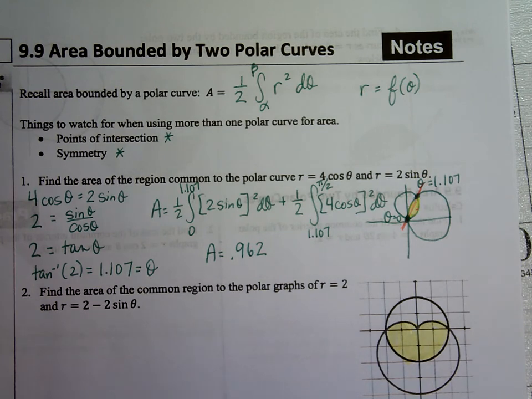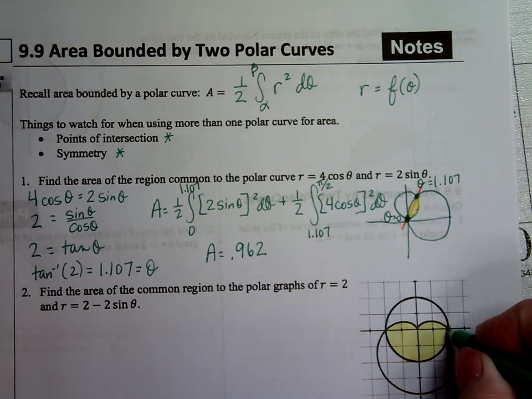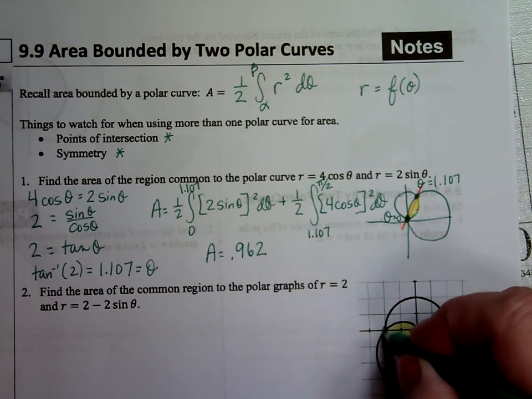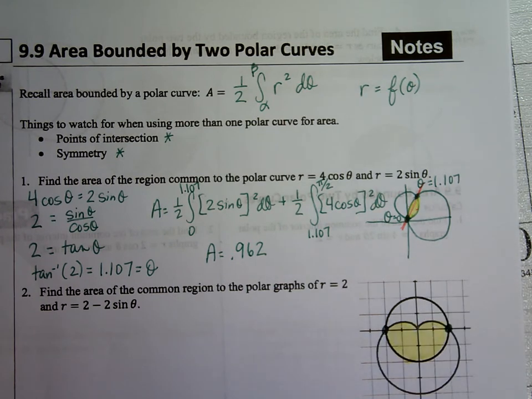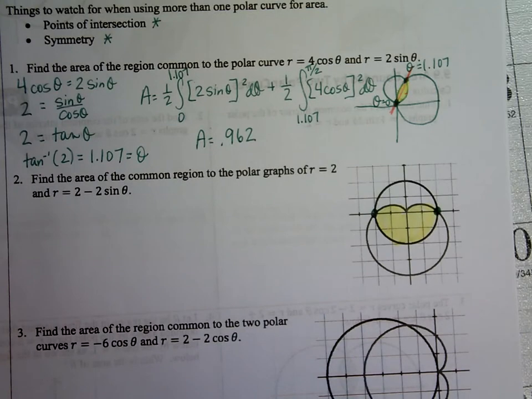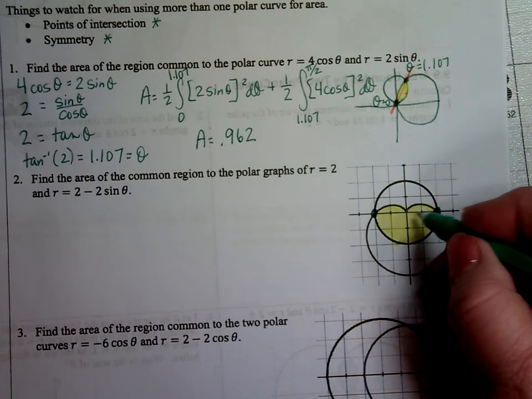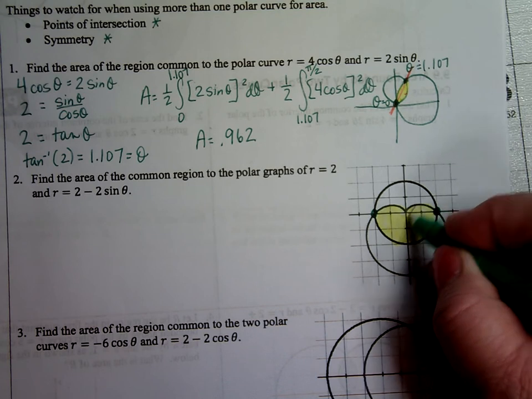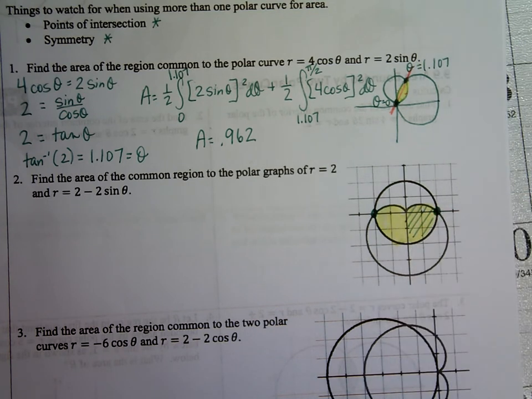So now thinking of your points of intersection, they are going to be here and here. But you might think, because of symmetry, do I really need to figure out this whole thing, or can I just figure out what it would be for half of it and then multiply it by 2?